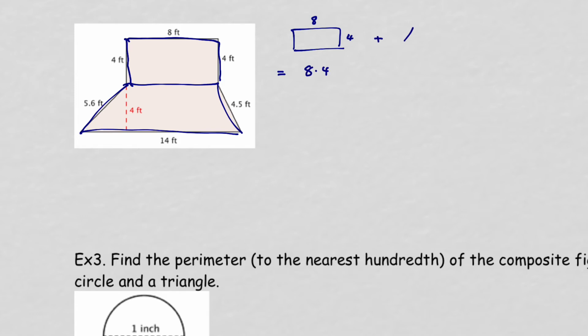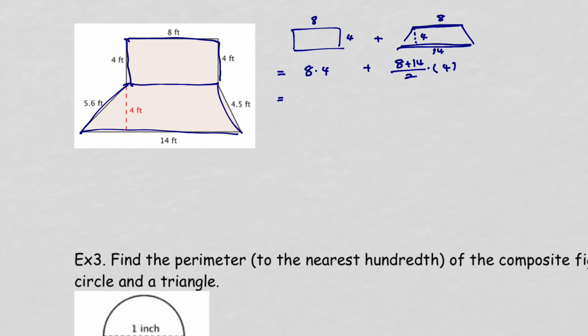The second shape, this is 8, this is 14, your height is 4. So to find the area, you need to average out the top and bottom, so you're adding and divide by 2 and times 4. That will be how you're going to find the area of that shape.